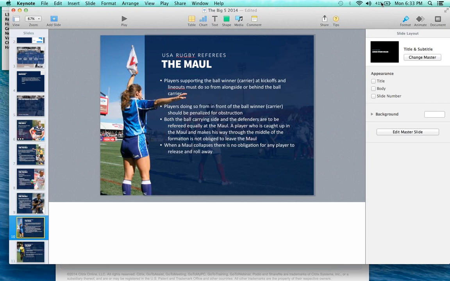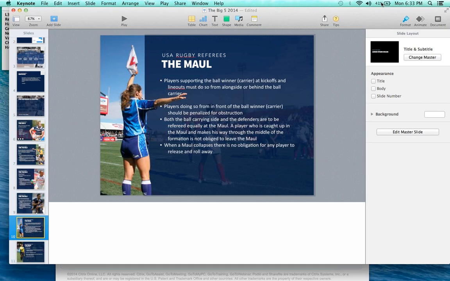If they get it moving again, the count goes off and the maul can keep moving until it stops. If it stops a second time, you start the countdown from 5 and they have to use it within that time. If for some reason after that first stoppage they can't get it moving again and you count down from 5 and they can't use the ball, it's going to be a turnover scrum to the other team.